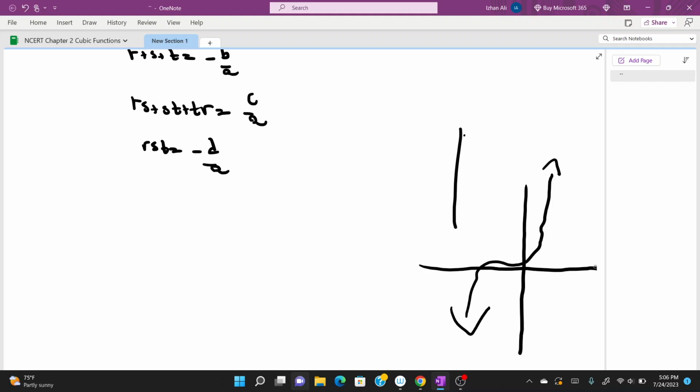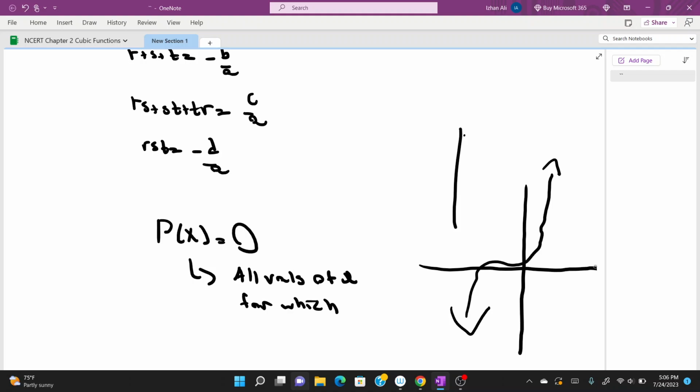Remember, roots are when p of x equals 0, all values of x for which p of x equals 0.